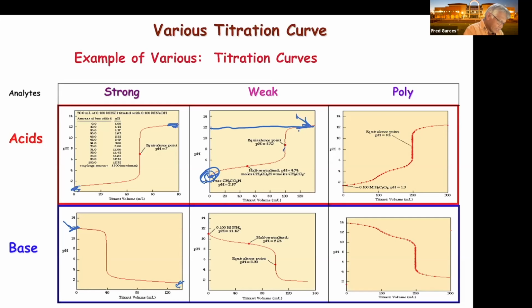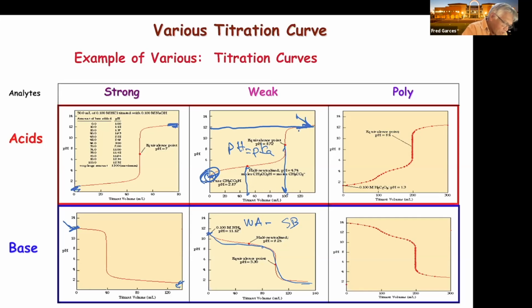You're looking here. This is the equivalence volume right here. So right away, if this is 100, at 50, pH equals pKa for whatever the identity of this acid is. This right here is a weak acid titrated with a strong base. It'll drop, level off in the buffer, you reach the equivalence point, and then level off as you add excess titrant in this particular case.